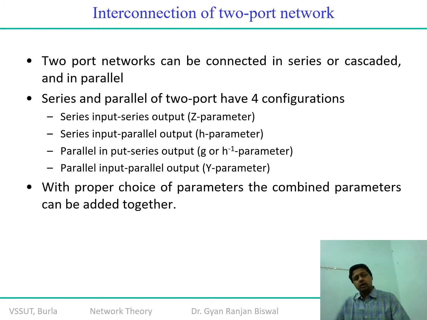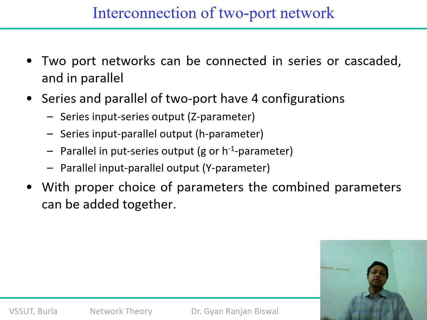That means the electrical variables, voltages or currents, are available as serial input, and the network is accessed in serial manner only. Similarly, the output port variables, voltages and current, are available in serial manner only.